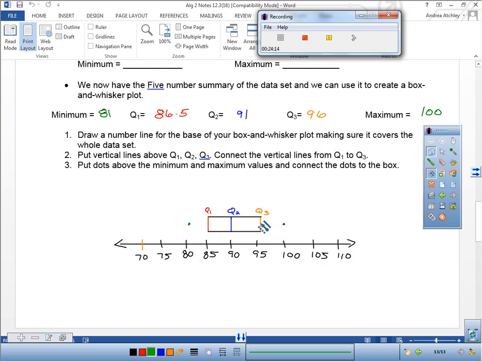And this connects it. Come on, connect it. So here's my box and my whiskers.